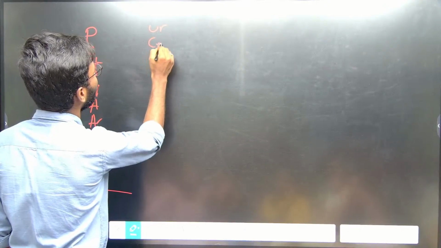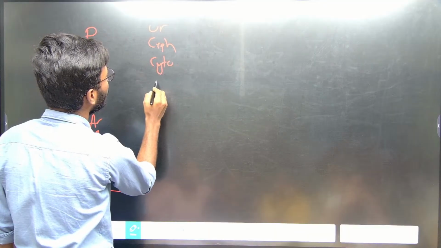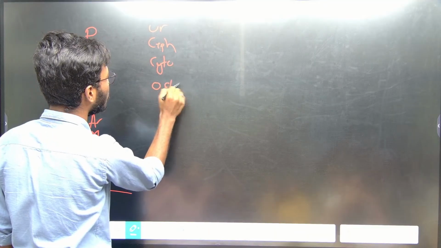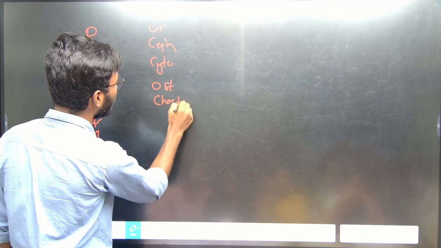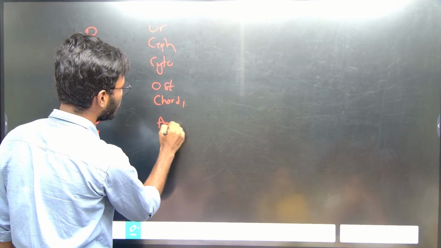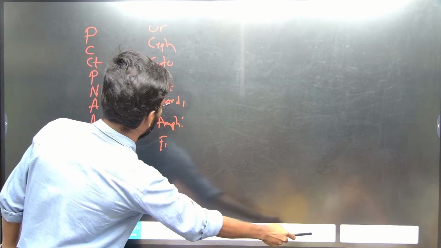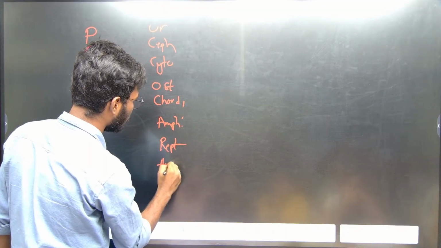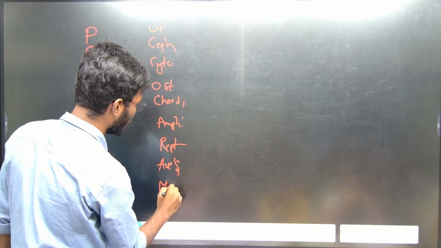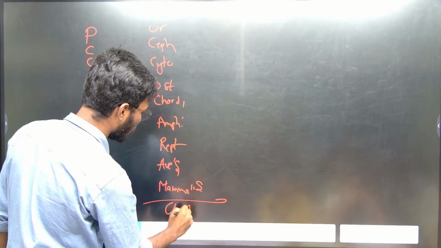After that come Urochordata, Cephalochordata, Cyclostomata, fishes, Amphibia, reptiles, aves, mammals. These are chordates.